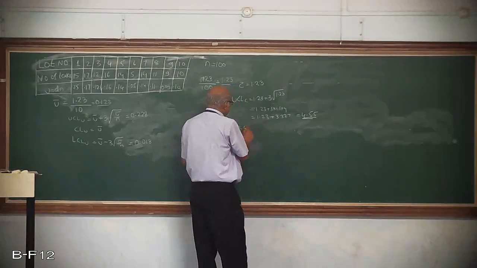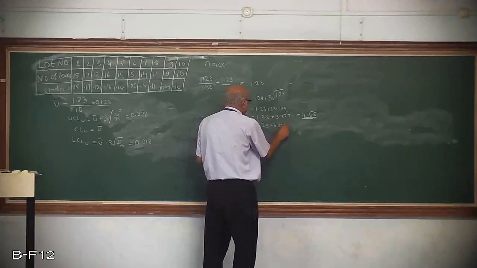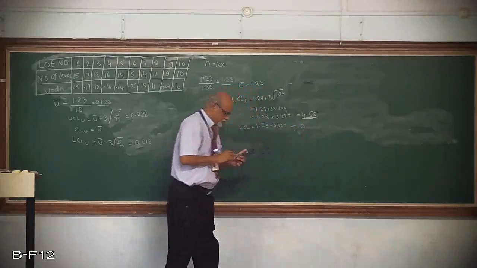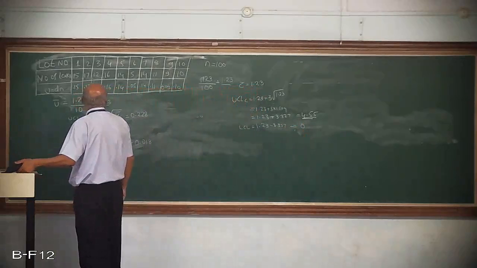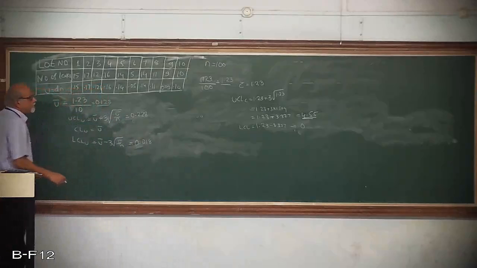Lower control limit: 1.23 minus 3.327, which is equal to 0. What is going to happen now?